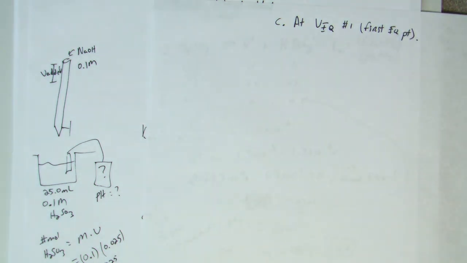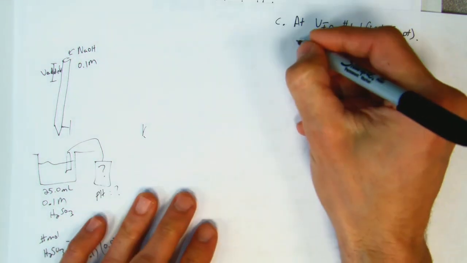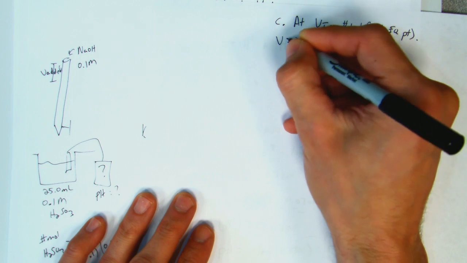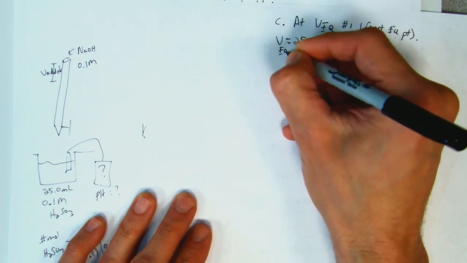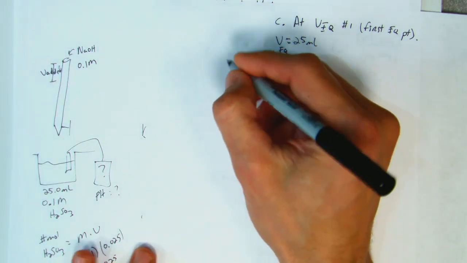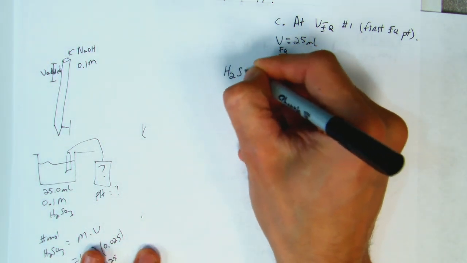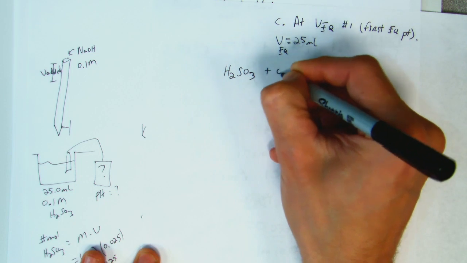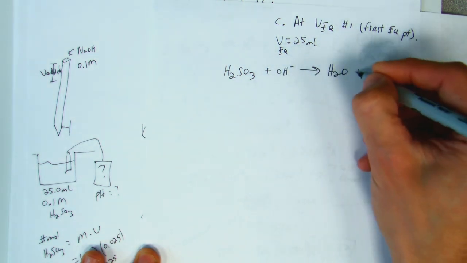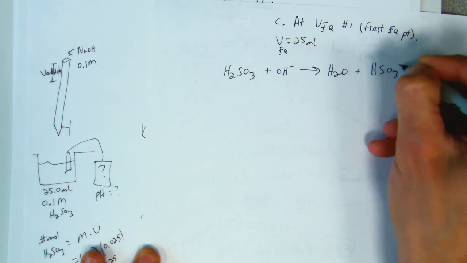So what happens at the first equivalence point? Now the volume for that should be at 25 milliliters, but let's just verify that's the truth, okay? So how do we do that? Well, we write our equation again, the H2SO3 plus the OH minus makes our water and HSO3 minus 1.